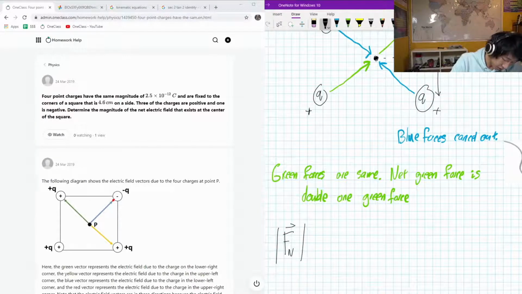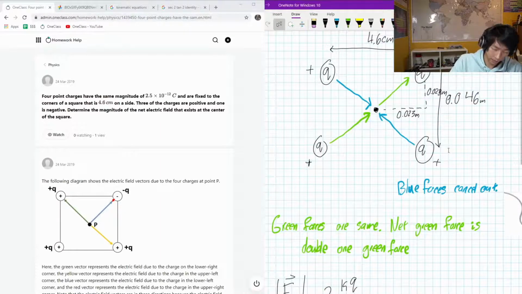the magnitude of our net force, is going to be 2 times K Q, net electric field, all right? So my bad, it's going to be field.